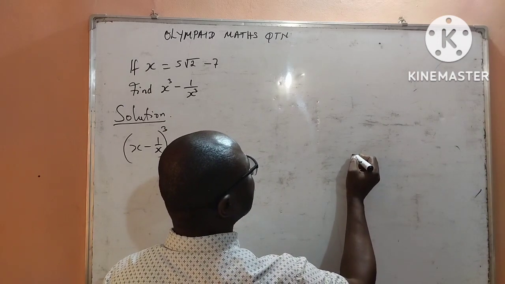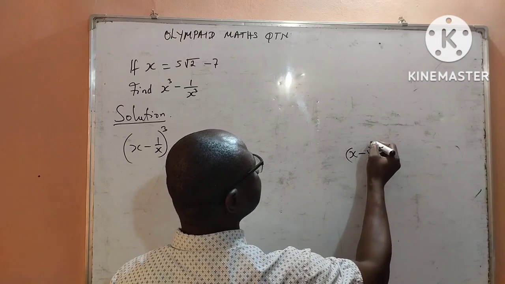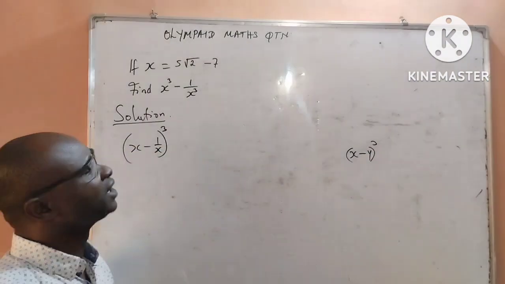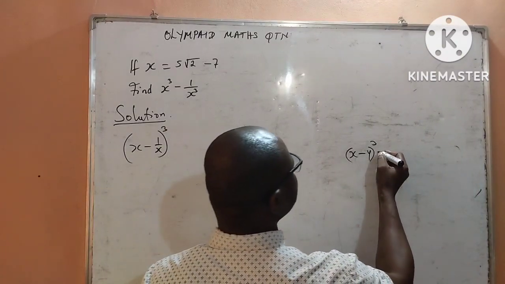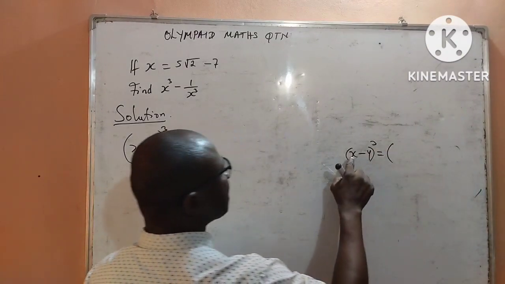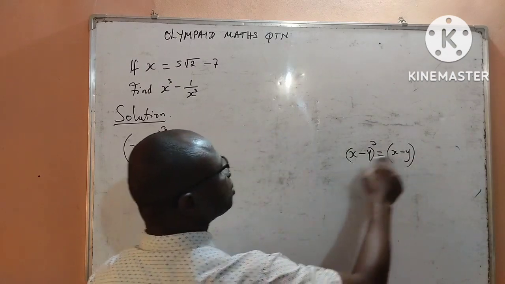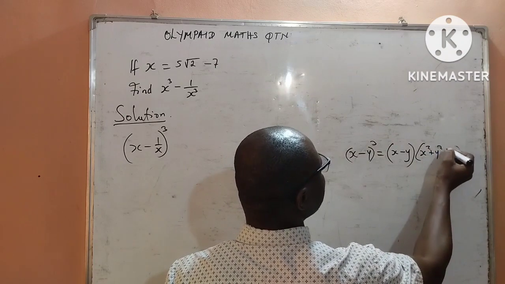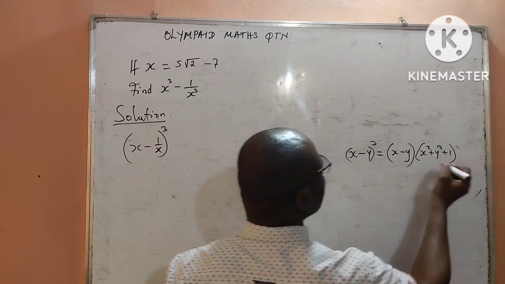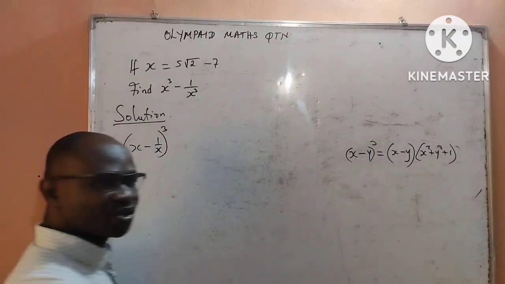If I am given x minus y cubed, and I want to find the difference of two cubes, the result we shall use is x minus y, then into x squared plus xy plus y squared. This is the result of difference of two cubes.